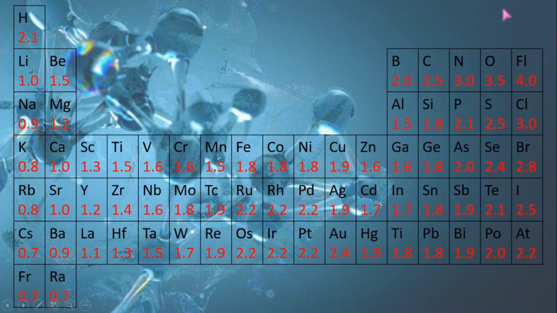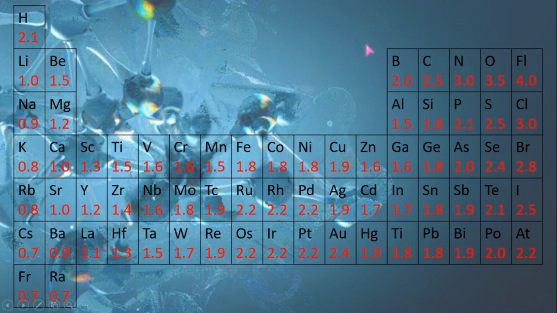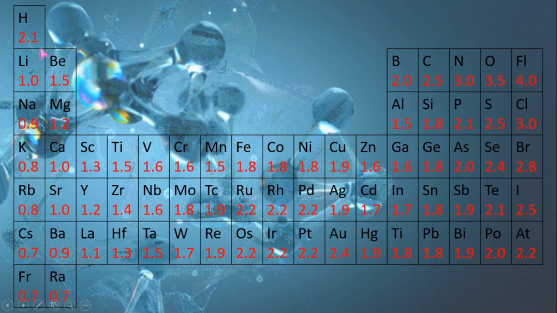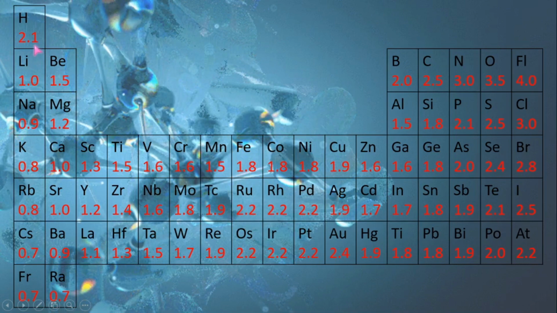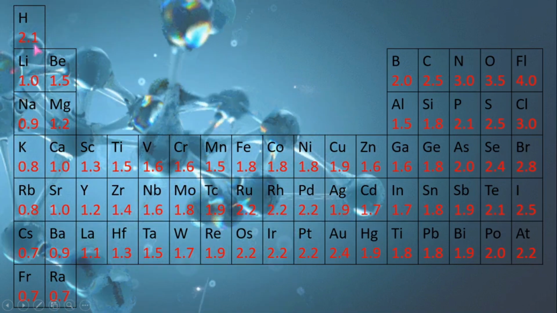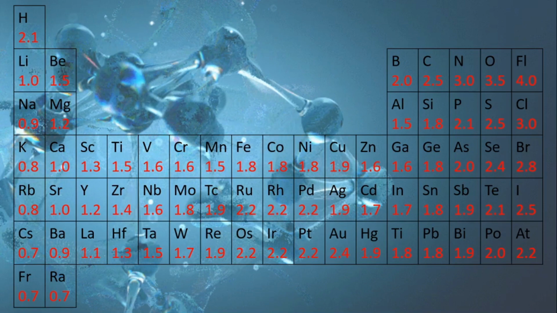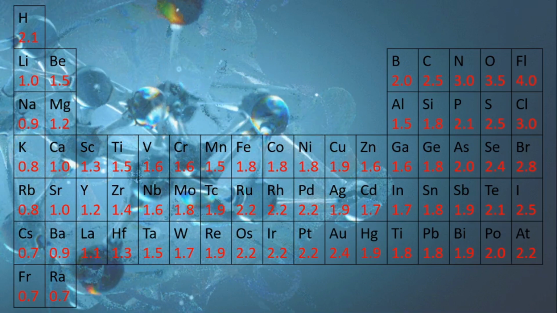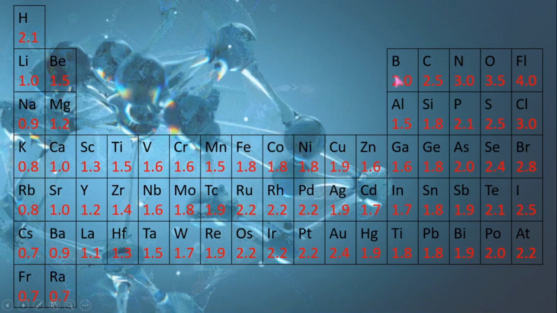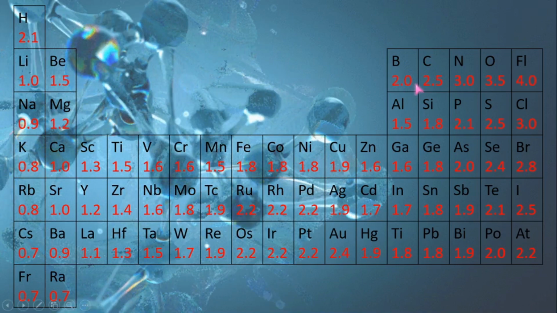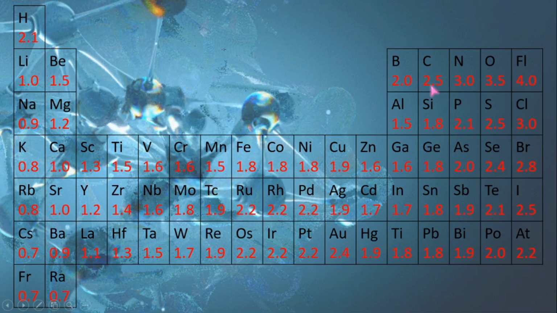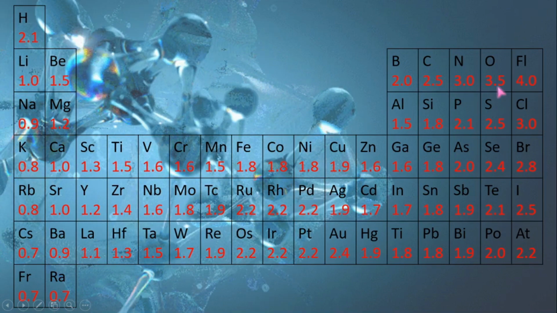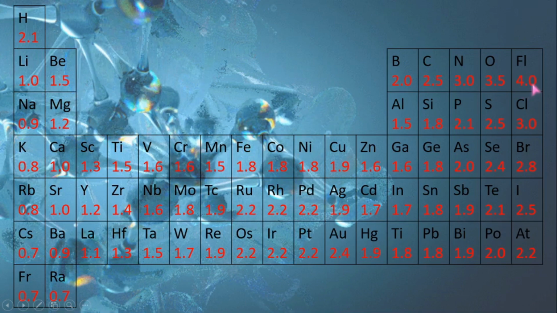Okay, so this is the table of electronegativity values for each element. The numbers in red are the electronegativity values for the elements. For example, hydrogen we have 2.1, then lithium 1.0, beryllium 1.5, boron 4.0, carbon 2.5, nitrogen 3.0, oxygen 3.5, and fluorine 4.0.